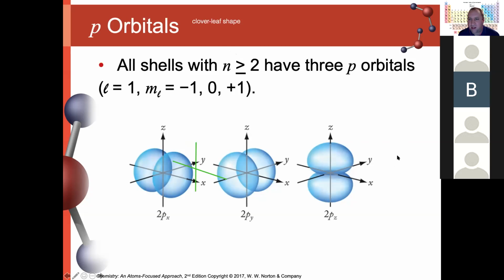Where if I take this one plus this one plus this one, you can see, and I apologize for the horrible drawing here, that in total they add together to something that is almost spherical in the same way that an s orbital is spherical.